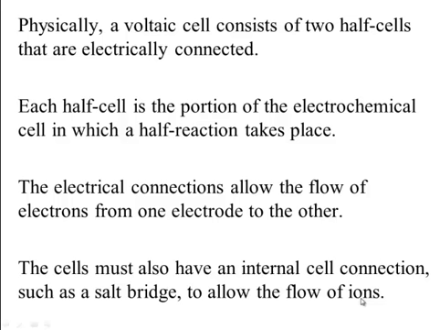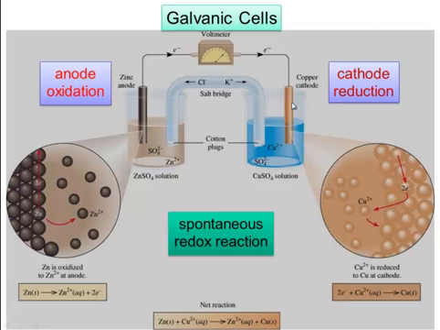So as you all can see here, there are two half cells. One involves a zinc rod dipped in a solution of zinc sulfate. The other is a copper rod dipped in a solution of copper sulfate. The two cells are connected externally using this wire and internally with the help of a salt bridge.